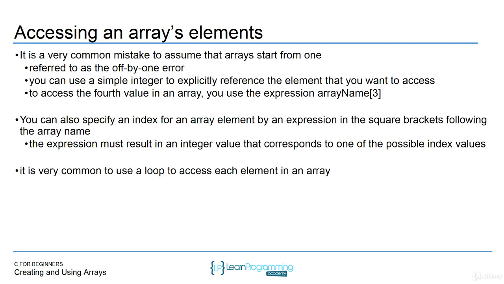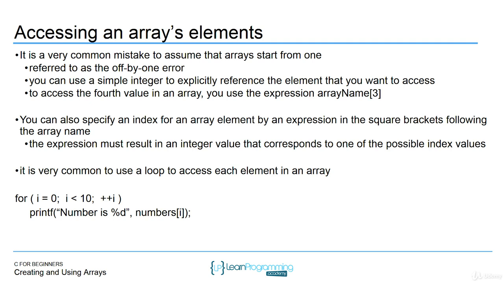It's very common also when you're storing elements in an array to use a loop to access them. We're going to go through an example of that as well. Here we have a for loop, and we're initializing our loop control variable I to 0, and we're exiting once I is less than 10.